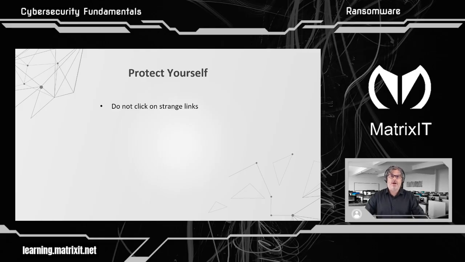We can't click on strange links. We can't open strange attachments, okay? We have to be very, very careful. If you get an email from somebody you think you know, be very, very careful with your attachments. Scan your attachment before you open it, or just disregard and contact that person another way and verify.